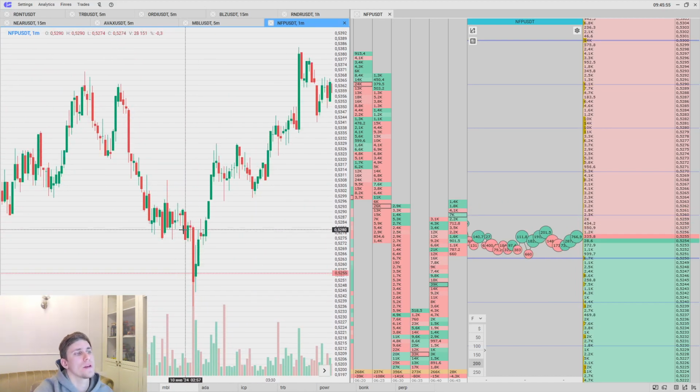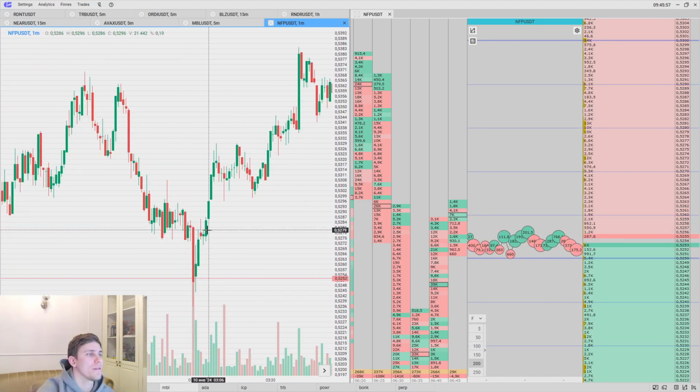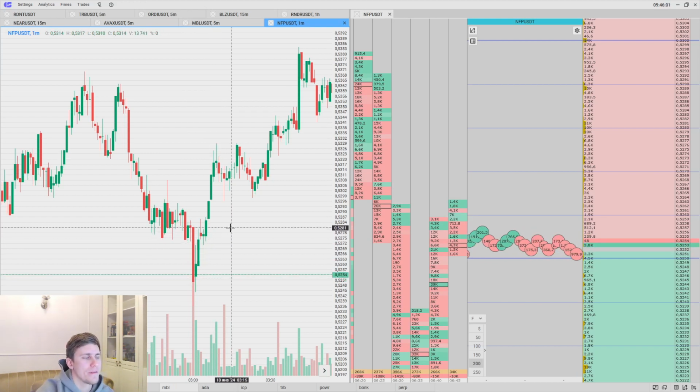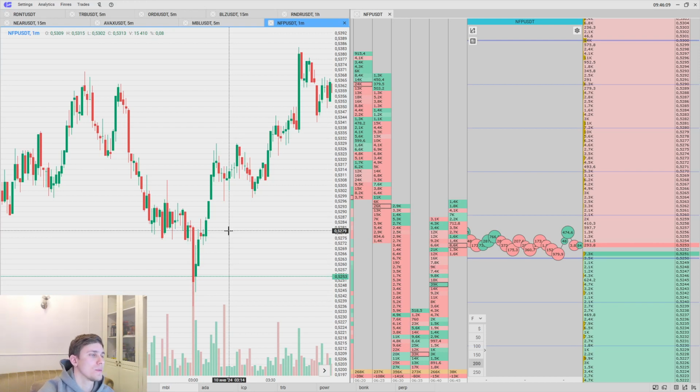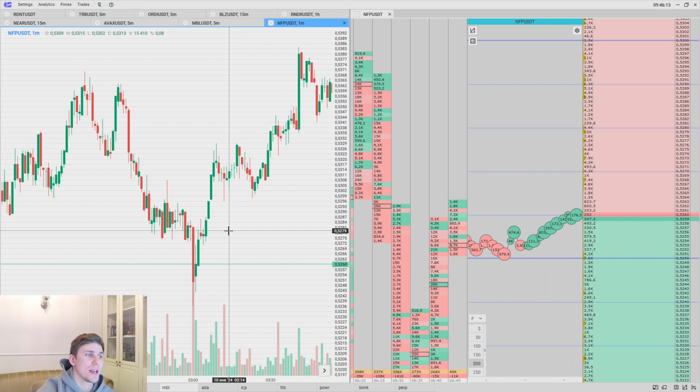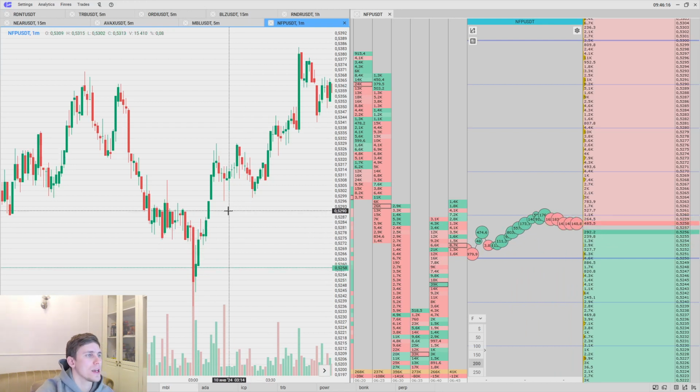And I call this a fish skeleton, when we have a lot of shadows inside a very narrow range of the graph. Usually it tells us that there is a manipulator, spoofer, or robot that in fact could spoil your trading, even taking into account that the instrument is very active.